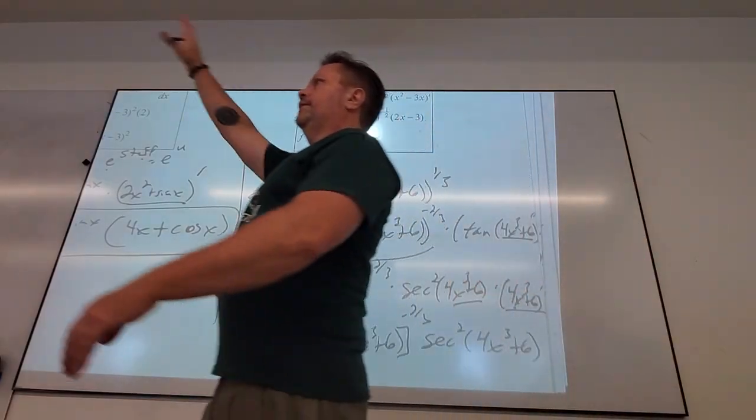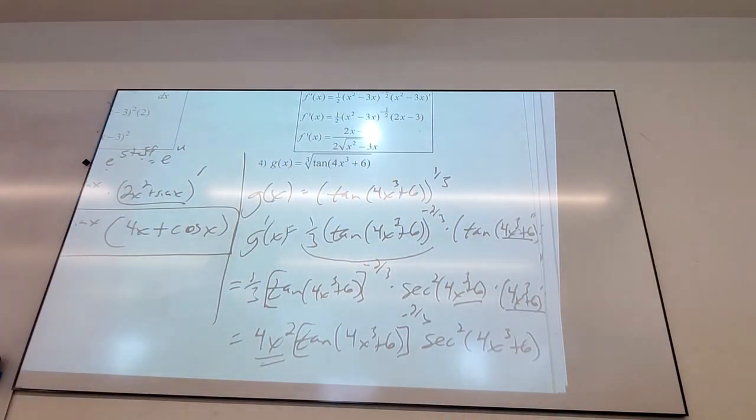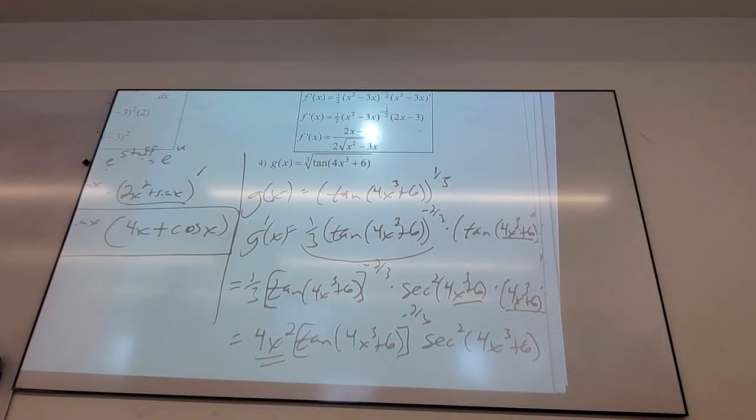But every step, I was doing one derivative at a time. There's no reason I had to know what it was going to look like at the end, or how many chain rules I have to do. I just do it as I go.